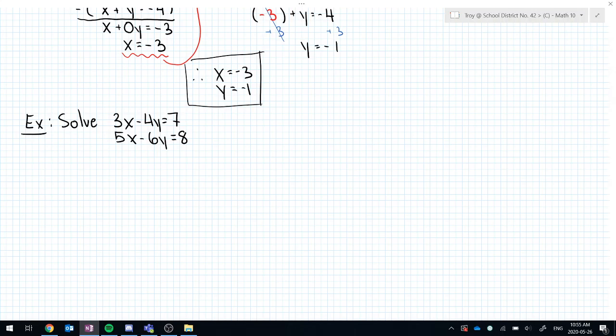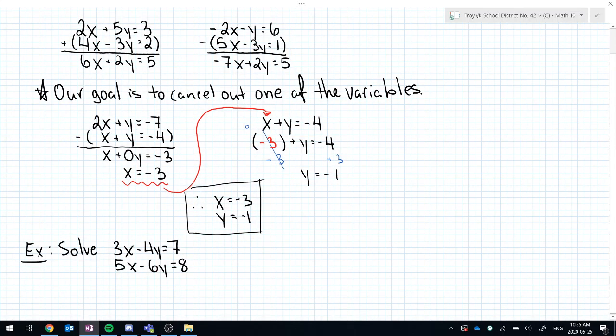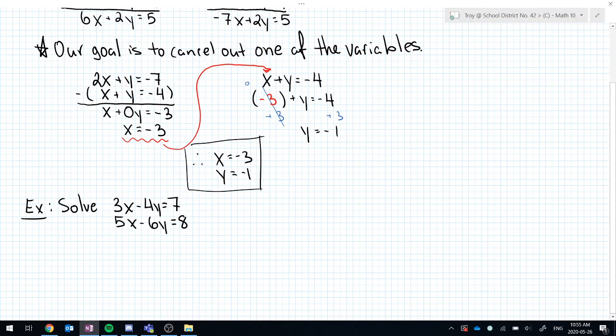So the main difference in this system compared to the last system is that in the second system, there are no variables that share the same coefficient, right? There's a different coefficient in front of both the x's, and a different coefficient in front of both the y's. So no matter what we do, if we add these two equations together, or subtract these equations from one another, there's no way for us to get either the x's or the y's to cancel out.